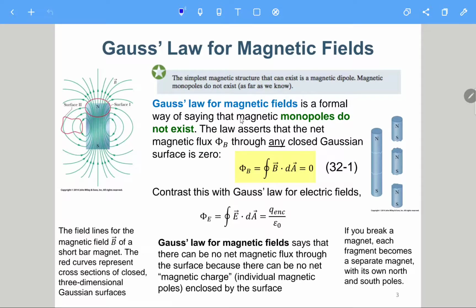Okay, so here we talk about the Gauss law for magnetic field. In chapter 23, we have learned the Gauss law for the electric field, which is the integral of E dot dA times epsilon naught equals Q enclosed, if you still remember.